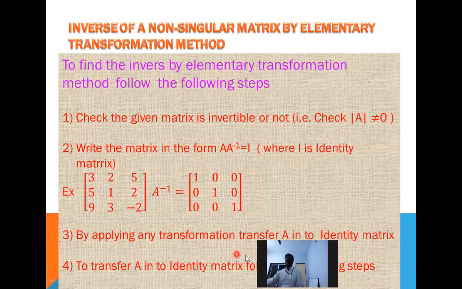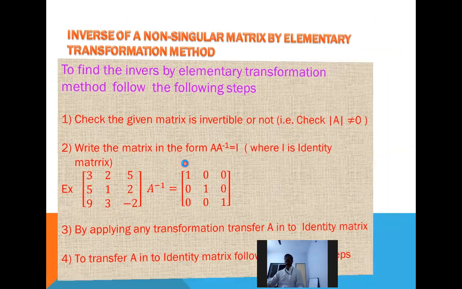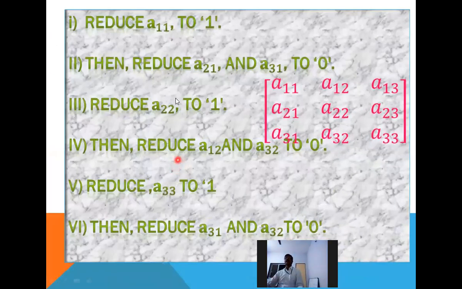म्हणजे कोणताही एखादं ट्रान्सफॉर्मेशनचा तुम्ही वापर करून या जो काही मॅट्रिक्स आहे हा ए याला तुम्हाला आयडेंटिटी मॅट्रिक्स बनवायचा आहे. ओके, मग याला आयडेंटिटी मॅट्रिक्स बनवण्यासाठी जे तुम्हाला ट्रान्सफॉर्मेशन वापरायचे त्यामध्ये पुन्हा 4 स्टेप्स फॉलो करावे लागतात. त्या स्टेप अशा आहेत की पहिली स्टेप आहे reduce.